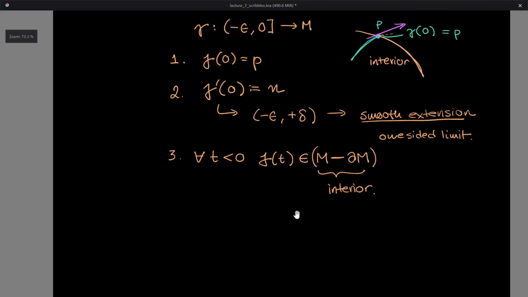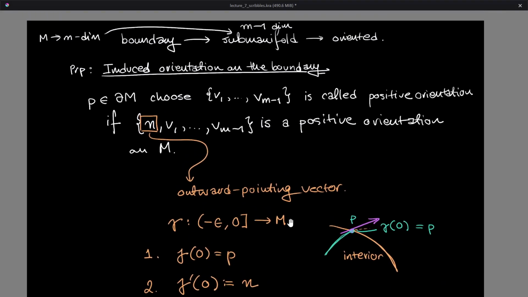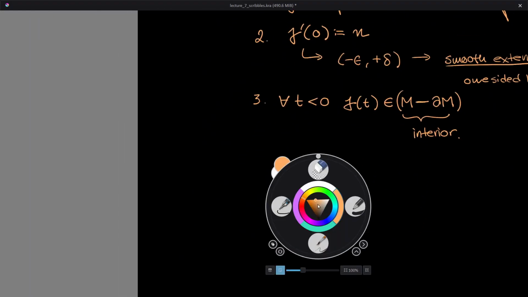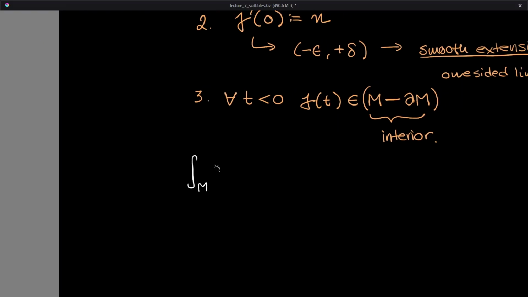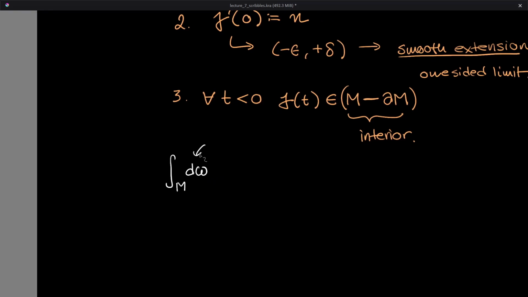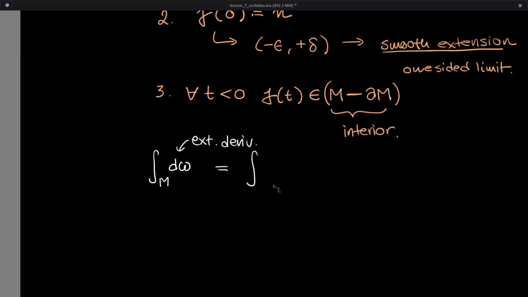That's it. This is how we induce the orientation on the boundary, which means that, coming back to Stokes' theorem, this is now all defined. We have the integral over M of d omega, the exterior derivative, equal to the integral over del M of omega. This is Stokes' theorem.